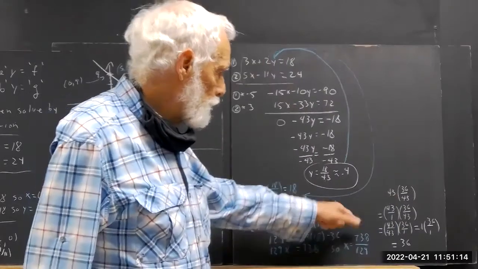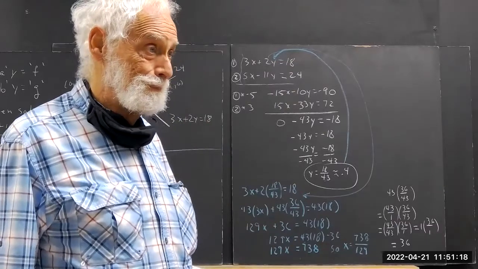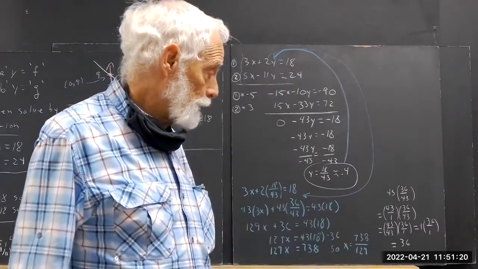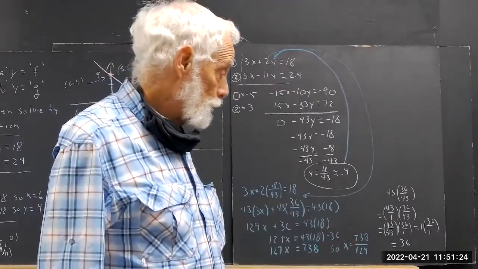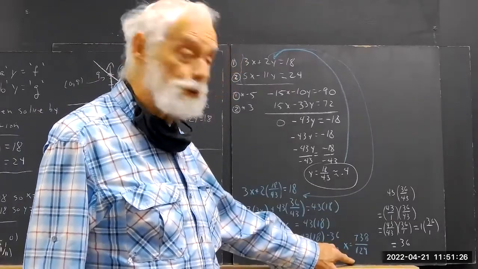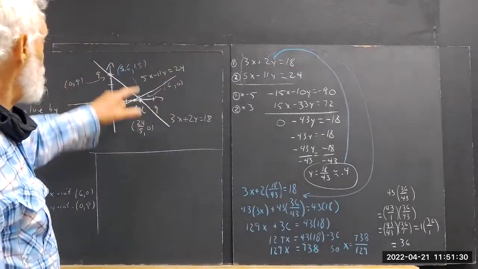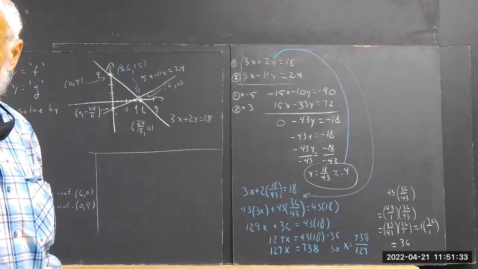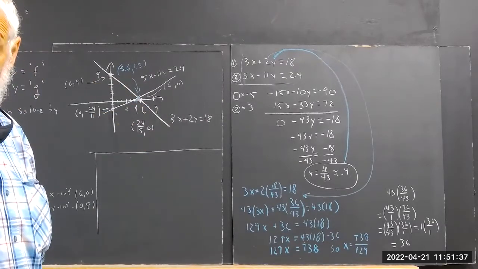Now 120 goes into 720 6 times. 129 will go into 720 a little less than 6 times, but it'll go into 738 a little more than that. So I'm saying that's going to be a little less than 6. And of course, my estimate was a little less than 6. Should have been a little bigger, probably 5.8 or something like that.